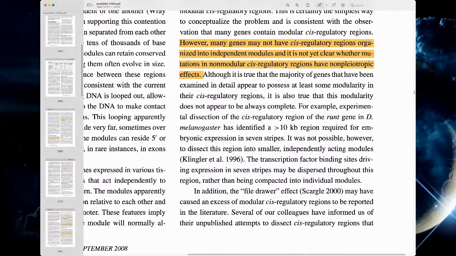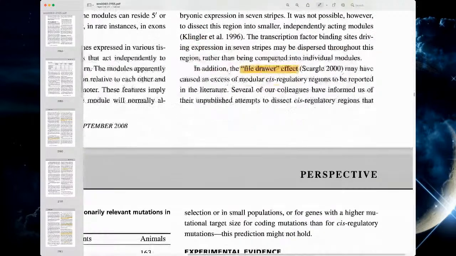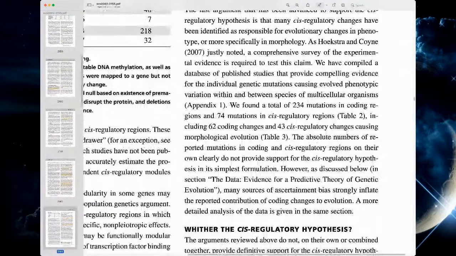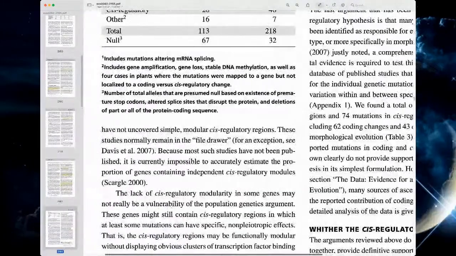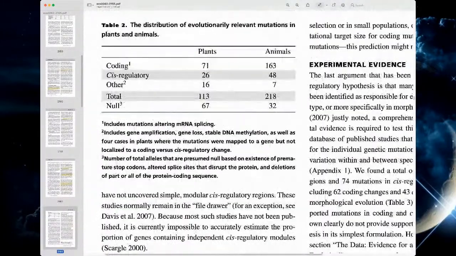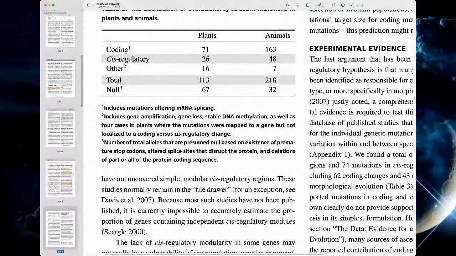The file drawer effect may have caused an excess of modular cis-regulatory regions to be reported in the literature. Several of our colleagues have informed us of their unpublished attempts to dissect cis-regulatory regions that have not uncovered simple modular regulatory regions.